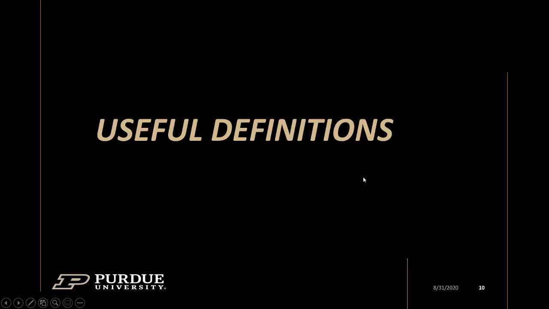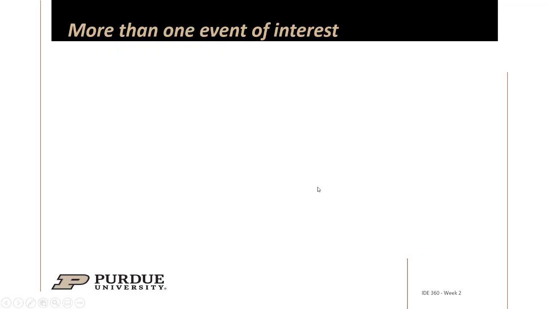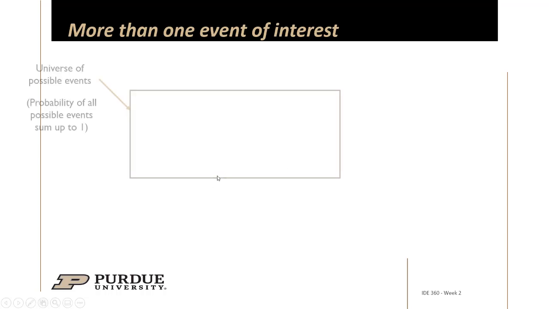So moving forward with some useful definitions that will help you throughout the semester, when you have more than one event of interest when calculating probabilities. So for example, let's say that you have a universe of possible events, and this is basically a probability of 1. I mean, you have the probability that something will happen or nothing will happen, but this is the space where that could happen.